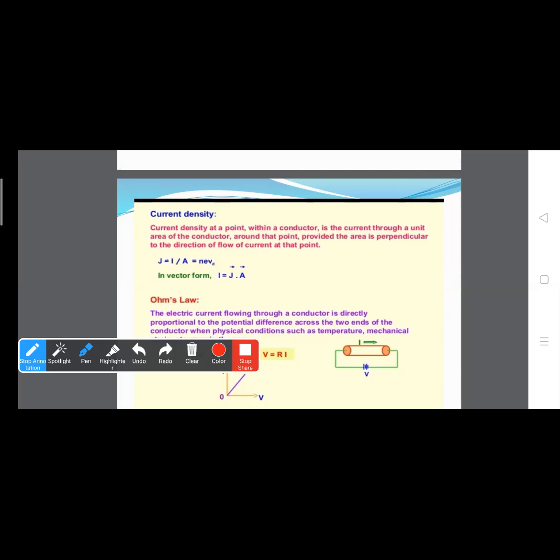So SI unit of current density is ampere per meter square. From this you can find the SI unit of current density. So what is the SI unit of current density? Ampere per meter square. Okay.